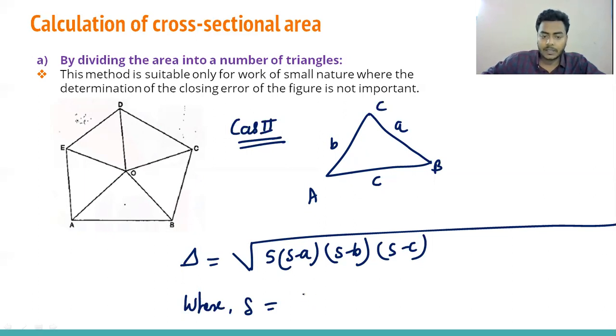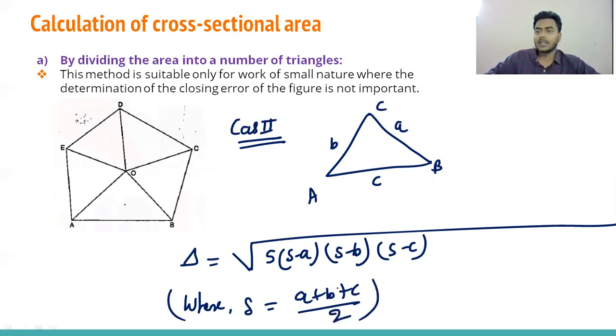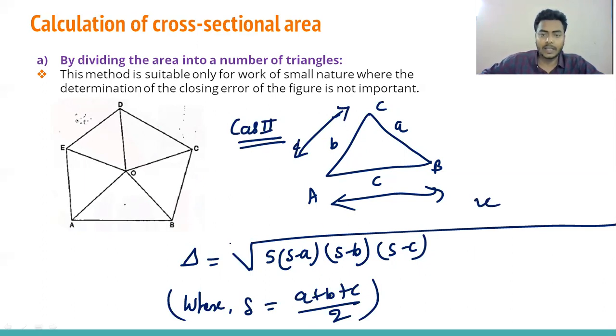So s is equal to a plus b plus c divided by 2, right? And a, b, c are the side lengths. So BC length is called a, AB length is called c, and this AC length is called b, right? By using this formula, we can calculate the area.